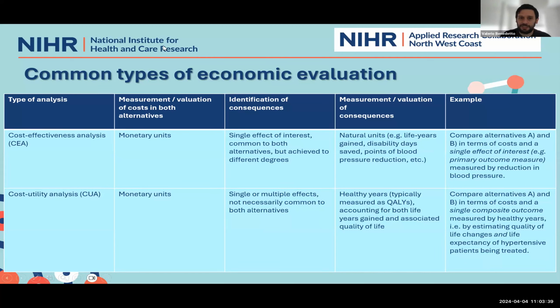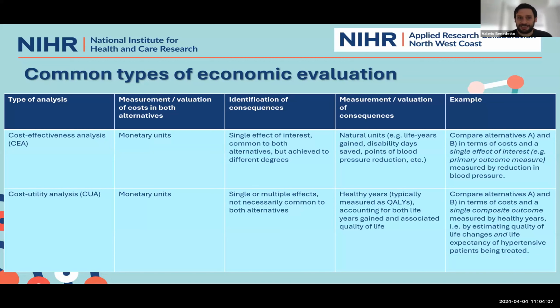Now, I think if we look at the example, which is in the last column, we can understand a bit more what we mean by that. But it's important to note that the single effect of interest is measured in natural units, which is what you can see in the penultimate column. For example, life years gained, disability days saved, points of blood pressure reduction, etc.